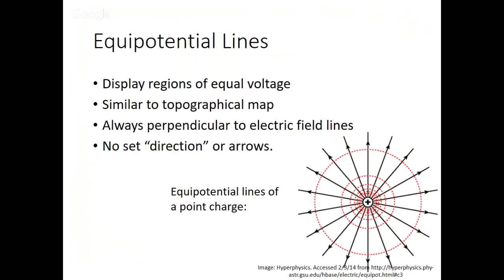This is what you did the lab on most recently, lab 14. You looked at equipotential lines, and then from that drew some electric field lines. Noting that it's always perpendicular to electric field lines. Always perpendicular. Cool.